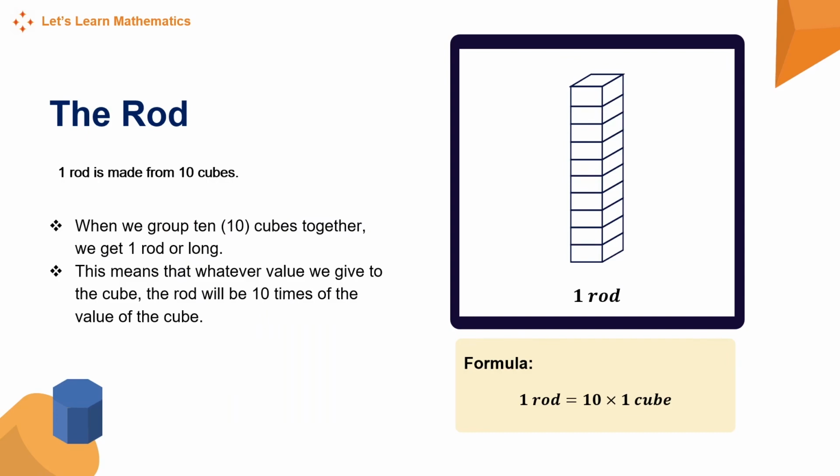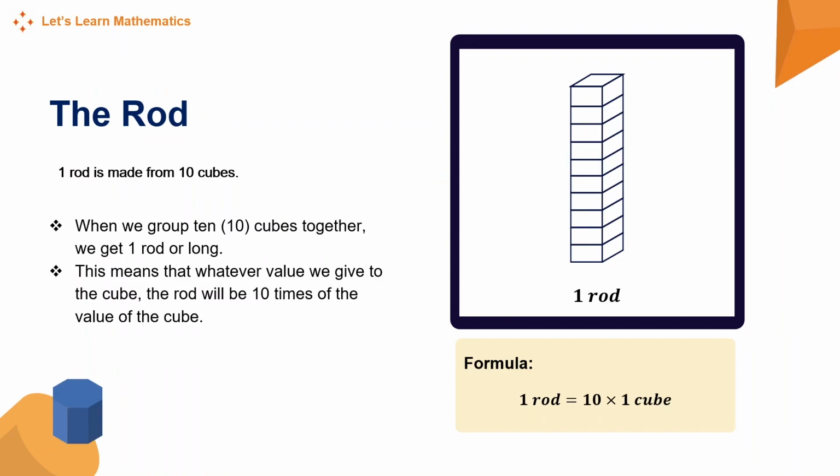The next component of the multi-base block is called the rod. The rod can be built using 10 cubes. If I have 10 cubes and I put them on top of each other, or I put them beside each other, then it means I have formed a rod.